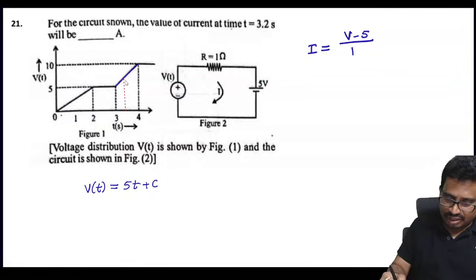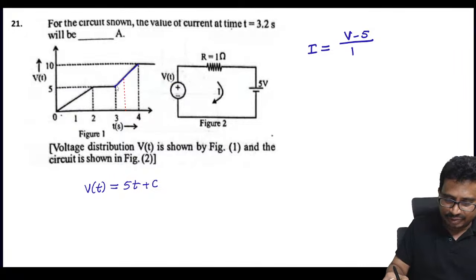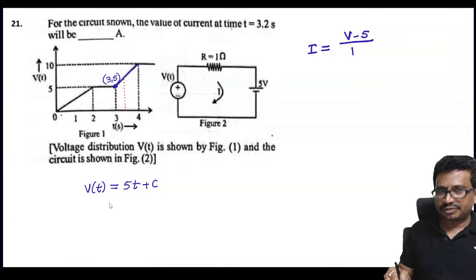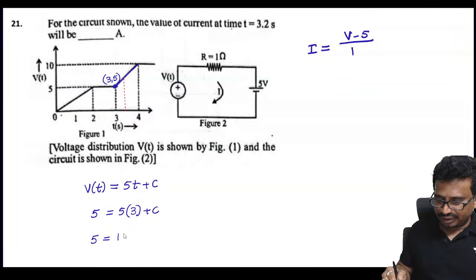Now I need to get the constant c. For this you take any point. I have taken this point. This point's x coordinate is 3, y coordinate is 5. So we substitute these values here. The y coordinate, which is 5, is equal to 5 into the x coordinate 3 plus c. So 5 is equal to 15 plus c.